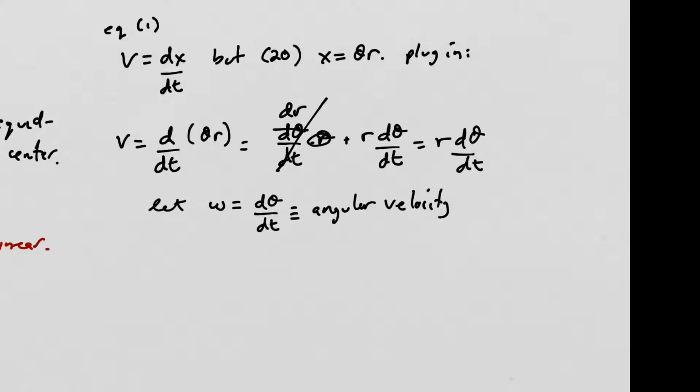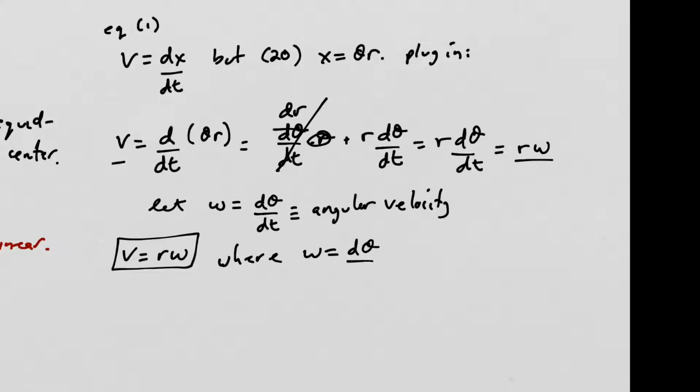And if we do so, then what we see is that v has a very nice relationship between linear motion and angular motion, namely that v is equal to r omega, where omega is d theta/dt.